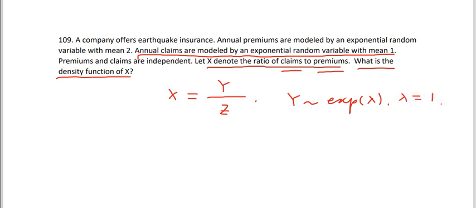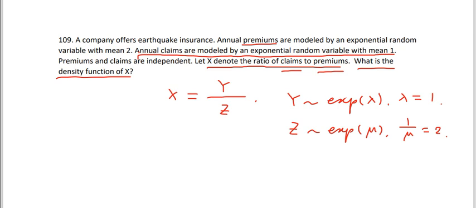So what is z? So z is premium. Premium is also an exponential distribution. So z follows an exponential distribution, and the mean is 2. So mu is 2, or mu is half. Okay. So we want to find the density function for this y over z, or x. So the idea is quite the same.